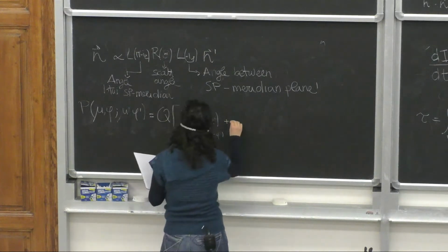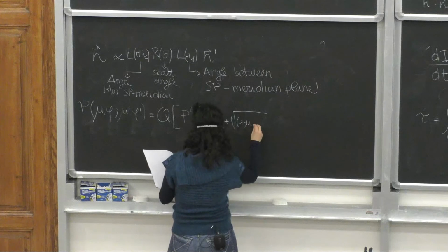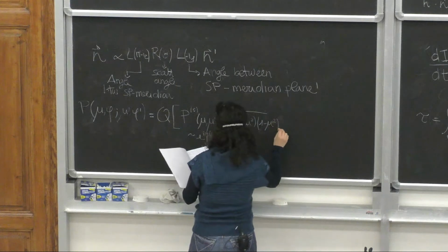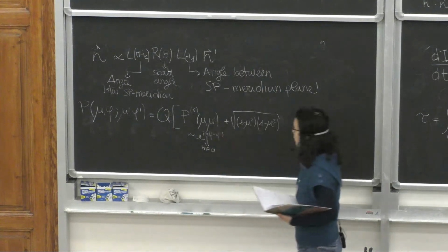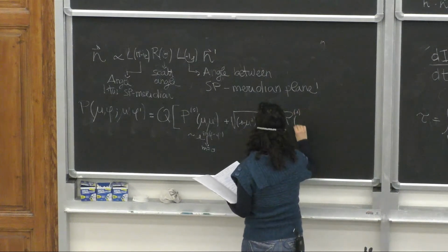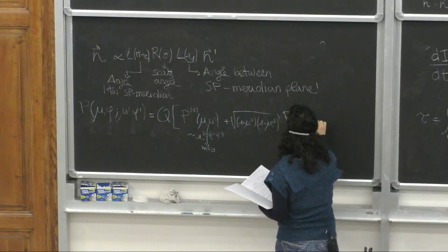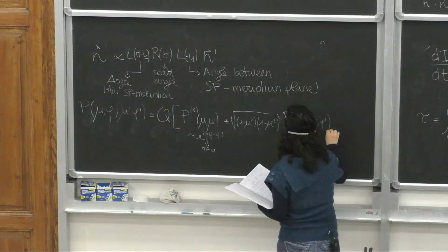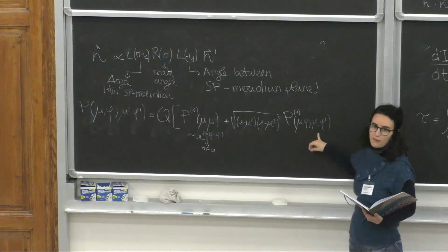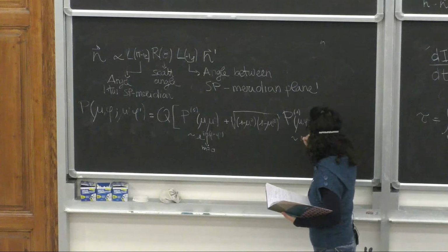Plus something with a prefactor here, which is the square root of the product of 1 minus mu squared and 1 minus mu prime squared. And then we have P1, which in this case depends on mu, phi and mu prime, phi prime, but this depends on phi minus phi prime in a similar way, this time with m equal to 1.